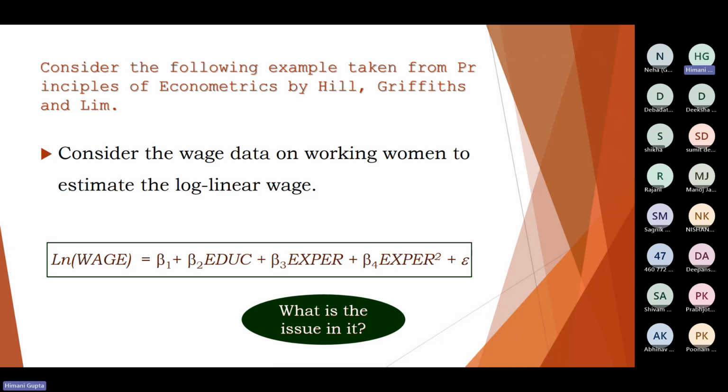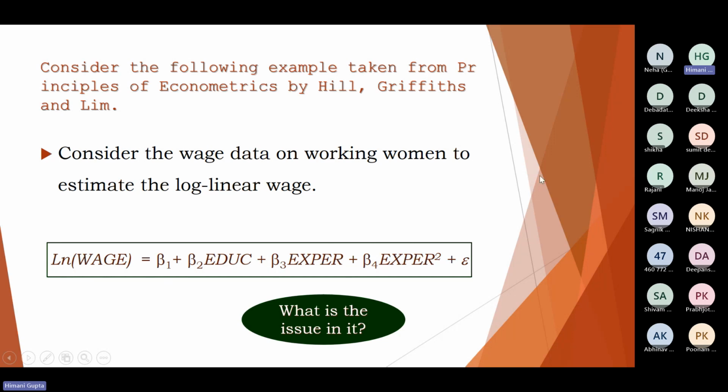So that's why I have taken experience square, because it will be a curve over here, and with the same wage, you can find a person with 10 years of experience, and with the same wage, you can find a person with 20 years of experience also.